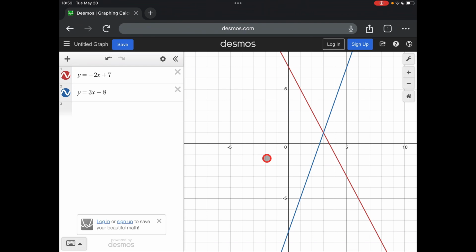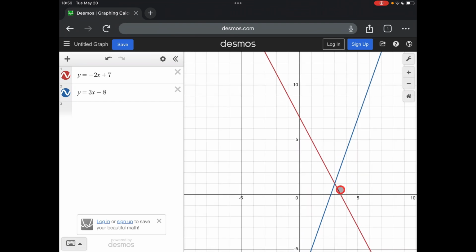Y-intercept is pretty much what its name is. It's where the line intercepts the y-axis, or where it touches the y-axis. So it's pretty easy. You just look for where the line crosses the y-axis, which would be right at this point right here for our first equation, which is at 0, 7.